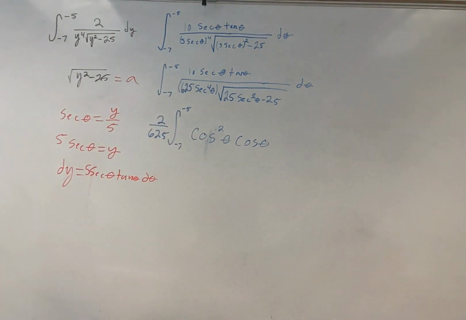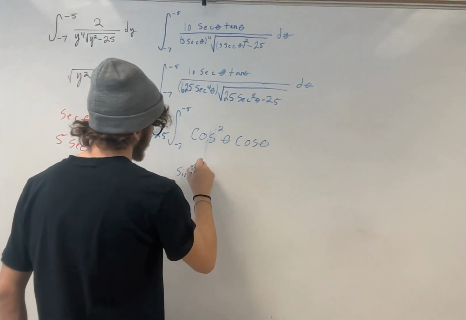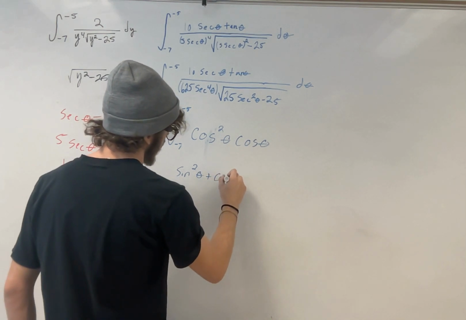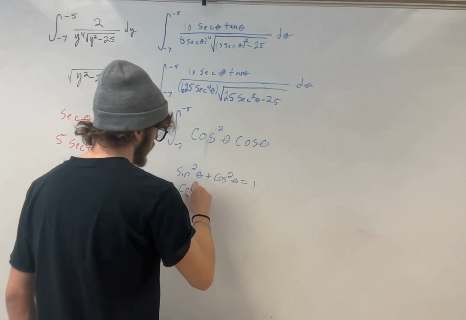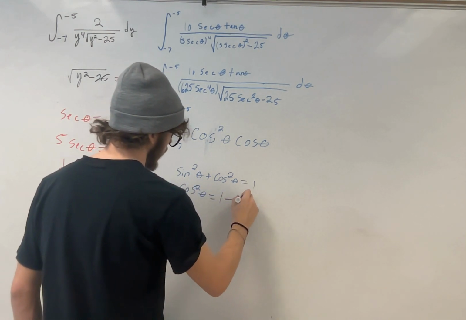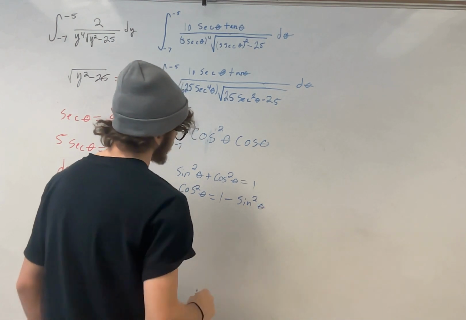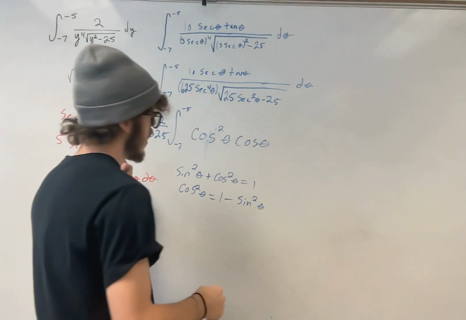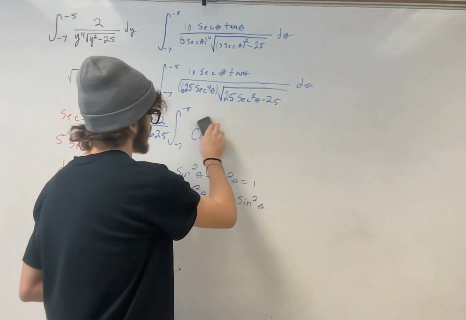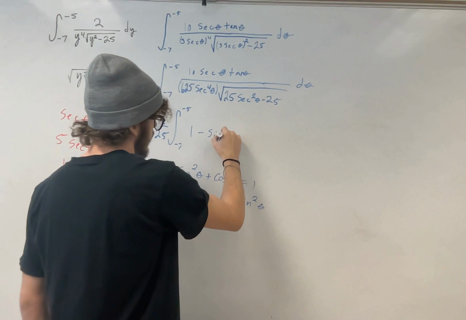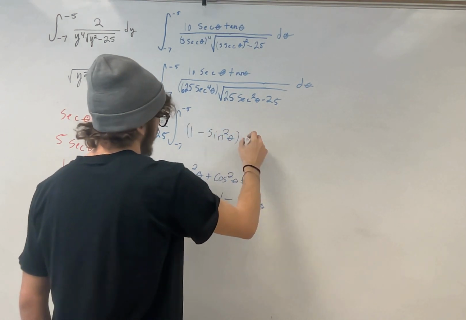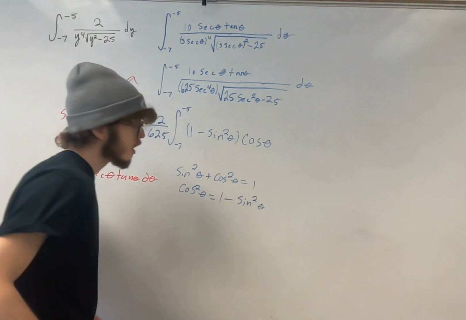What this allows me to do is use another Pythagorean identity, sine squared of theta plus cosine squared of theta equals 1. I can simply bring the sine over where cosine squared of theta equals 1 minus sine squared of theta. Okay, so I can just do a substitution here where I say that cosine squared is going to be 1 minus sine squared of theta, times cosine of theta.